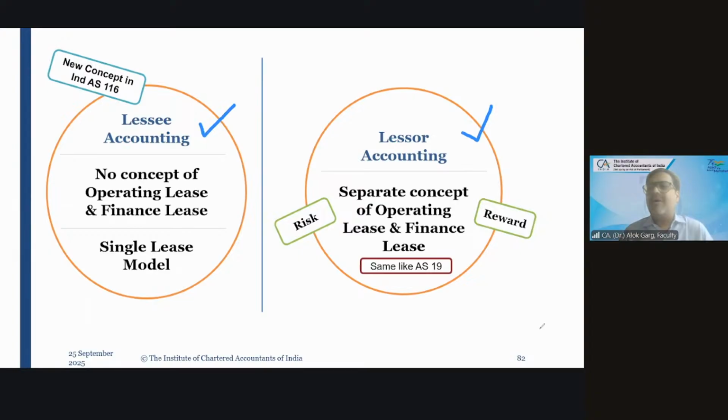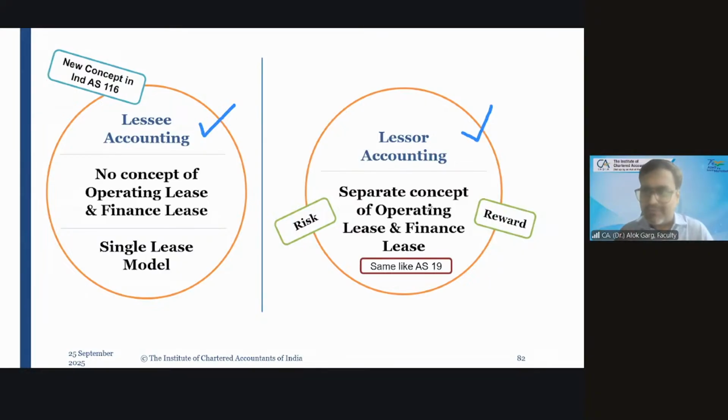Yes, moving from the old Indian accounting standard to the new Ind AS 116, lessor accounting primarily remains unchanged. If I compare AS 19 with Ind AS 116 for lessor accounting, it is largely the same.